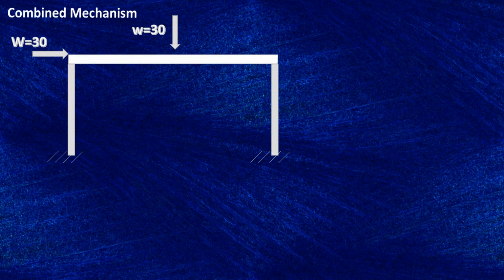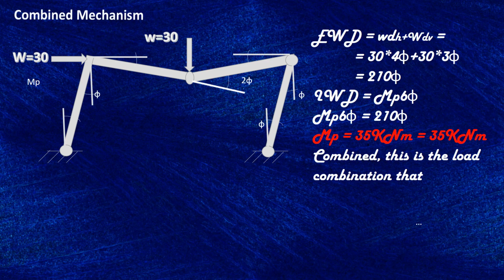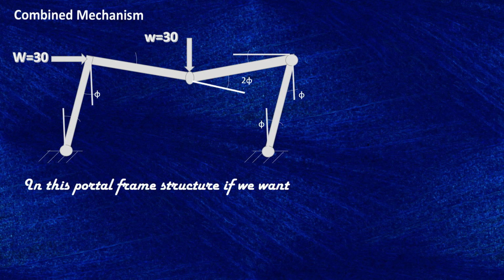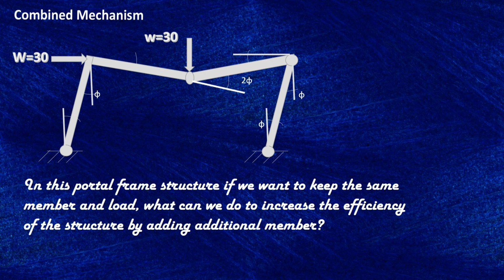What we find is when it is combined, when we equate external work done into internal work done, MP is 35 kilonewton meter, which is the plastic collapse load. So it's only when it is combined that it causes the collapse. What we understand from this is that if we keep the same member and load for this portal frame structure, and we are asked to add external members, how can we keep it safe?